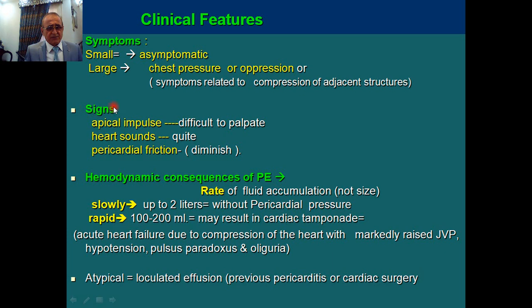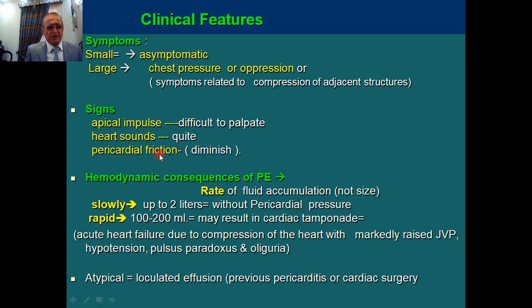The signs, of course: the cardiac apex is a bit separated from the skin because of fluid, so it will be difficult to palpate the apex, or the apex beat will be impalpable. And obviously the heart sounds are separated again by fluid, so they are quiet or soft heart sounds.